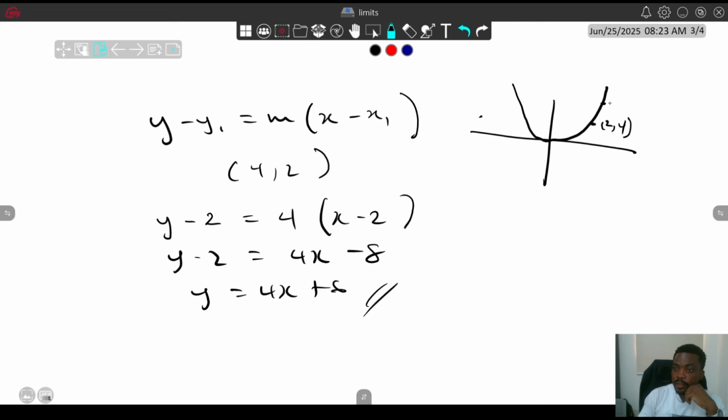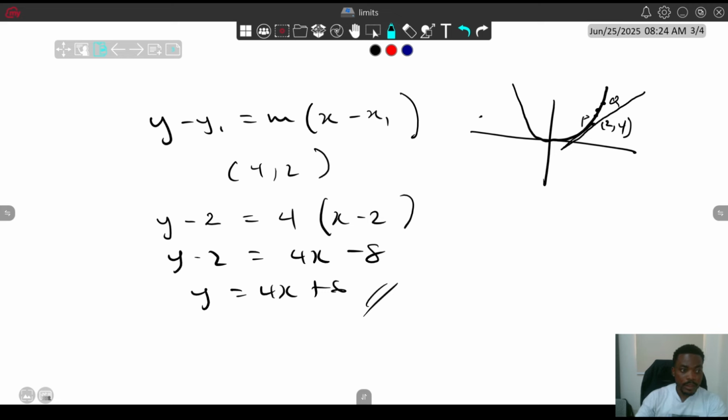So we realize that the closer this point, or let's name them P and Q, the closer P gets to Q, then we are actually approximating the slope of the tangent line. So the more Q approaches P, we are approximating the slope of the tangent line.